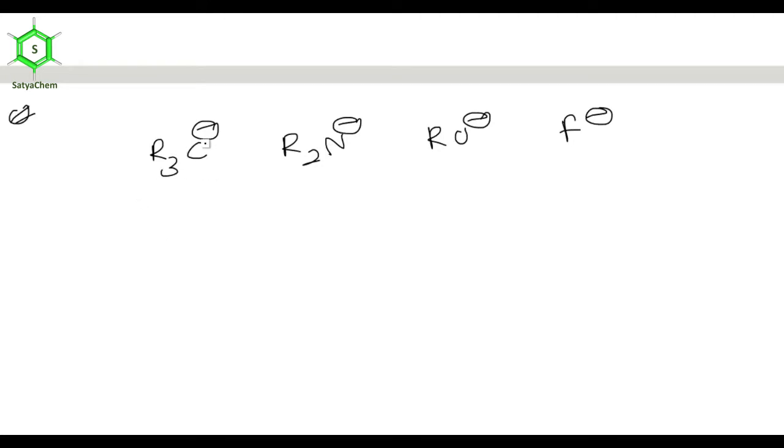Here carbon, nitrogen, oxygen, fluorine are all in the same row of the periodic table, that is row 2. Just try to remind the periodic table, then you will understand.